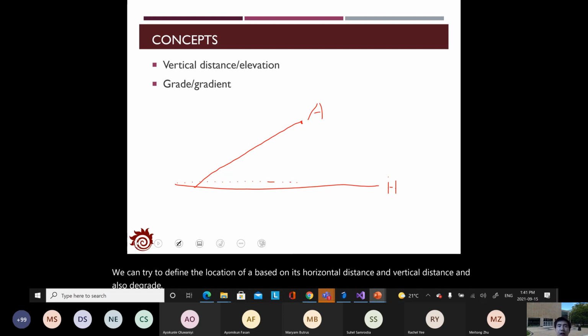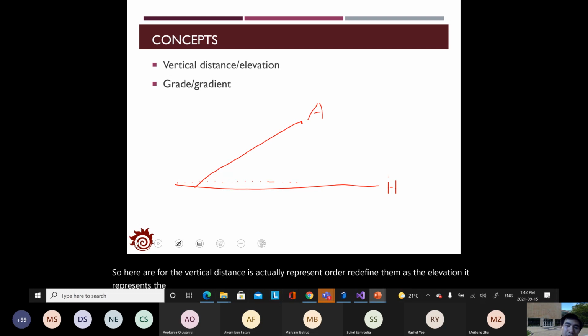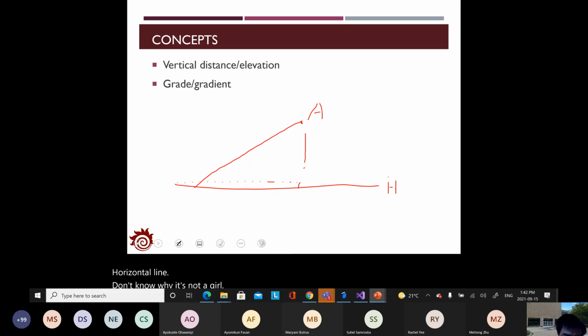So the vertical distance is also what we define as the elevation. It represents the direct distance from point A to the horizontal line.